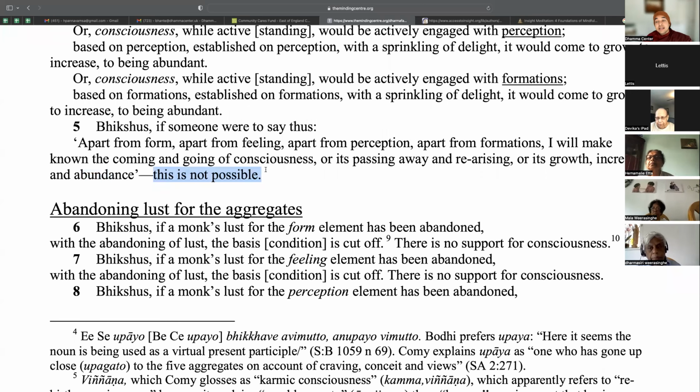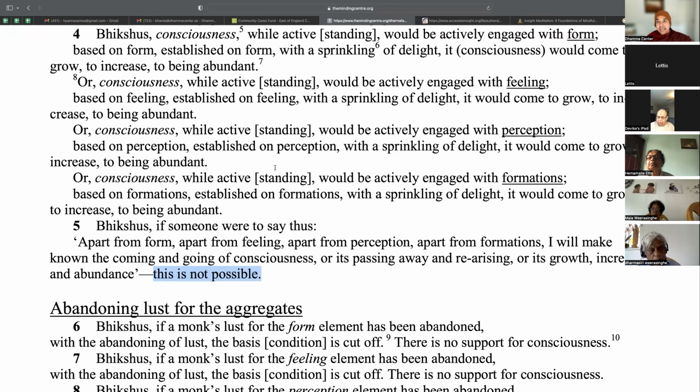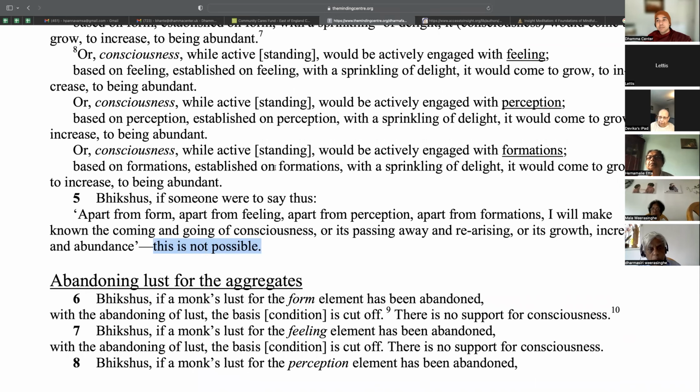We already know that consciousness will arise together with the Chetasikas. Sanya and feeling, being Chetasika dharmas, will of course arise with the consciousness. Without sanya and perception, consciousness cannot arise. It will always arise together.